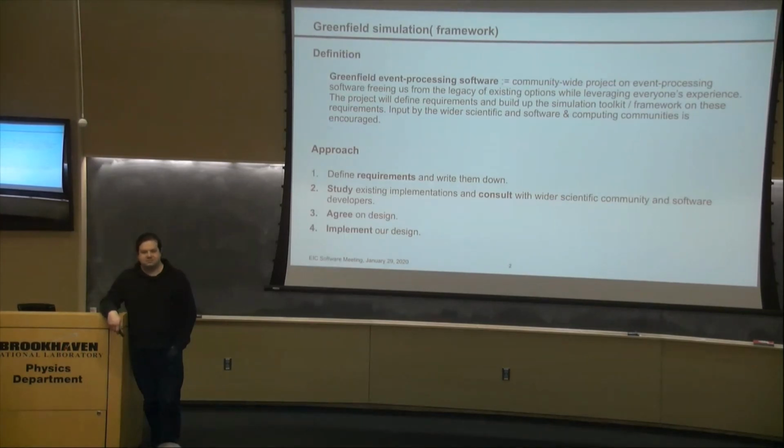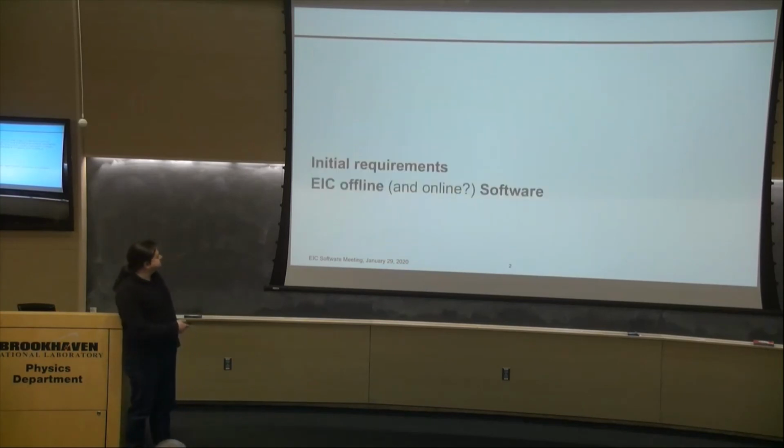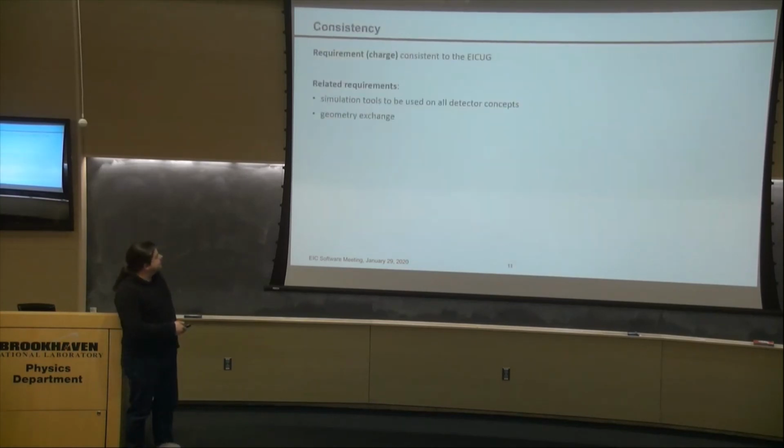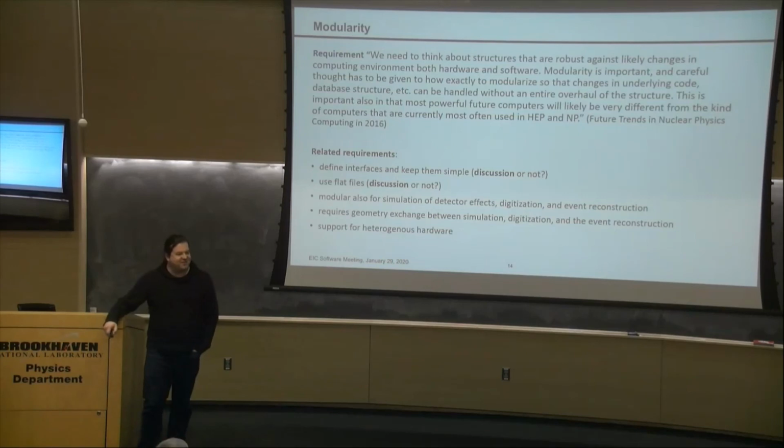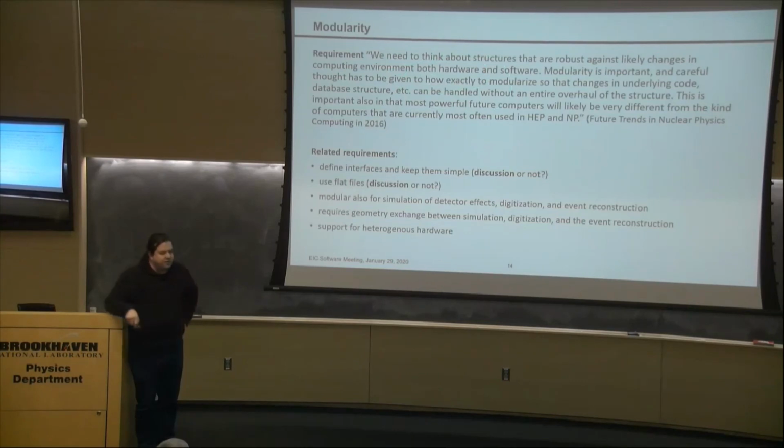So I think we haven't decided on this, and that is a decision, for example. That's why I said it might depend also on how your software looks. That will change the software. And this is another example of likely changes in the computing environment, both hardware and software, and I think we should illustrate this point a little bit more, what we mean by that.